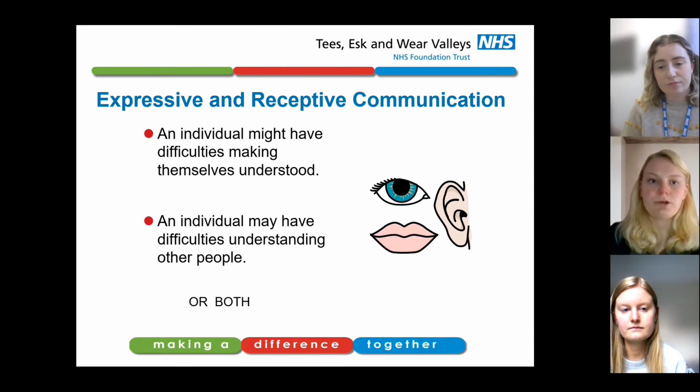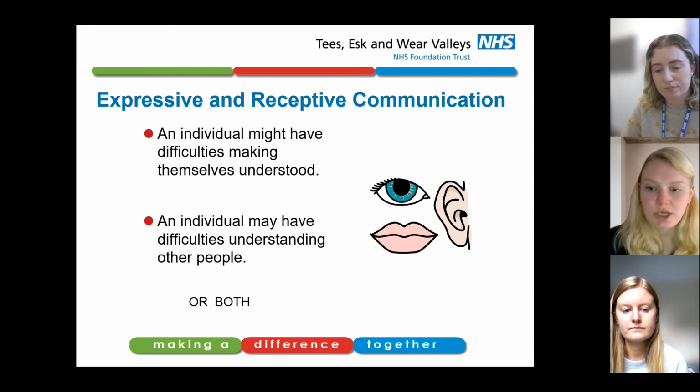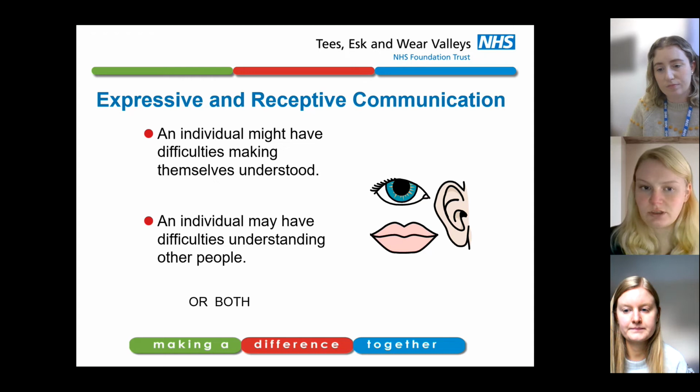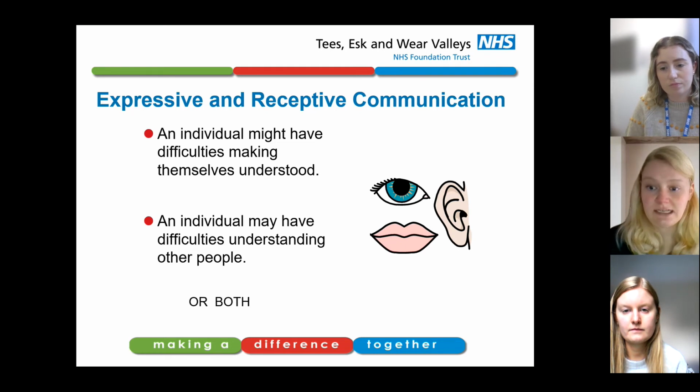So what we're going to talk about now is some terms that you might hear us use quite often. And I think Alana's touched on them already. So we have got expressive communication and we've got receptive communication. So expressive communication is somebody expressing themselves, so their output. And people might have difficulties with this.